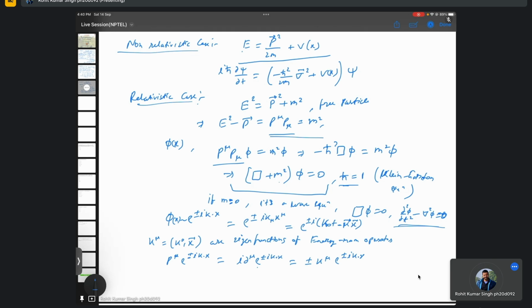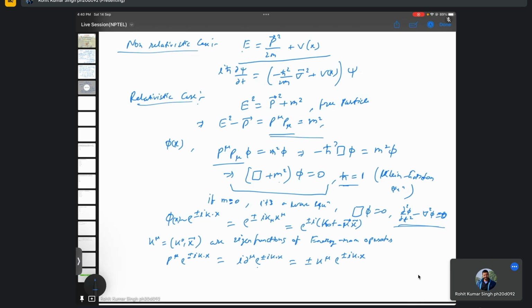So this is what we expect, right? So indeed, the plane waves are eigenfunctions of this energy-momentum operator. Okay.